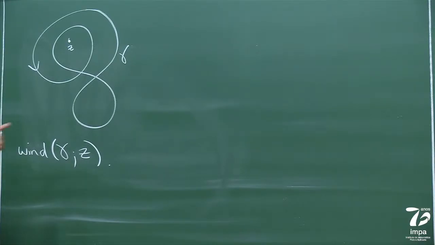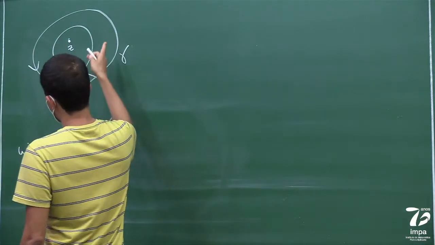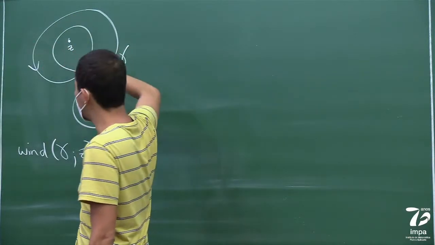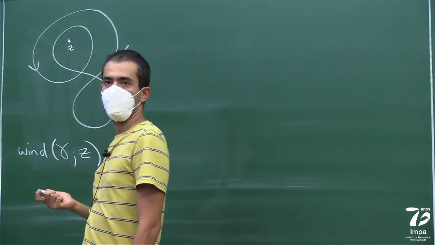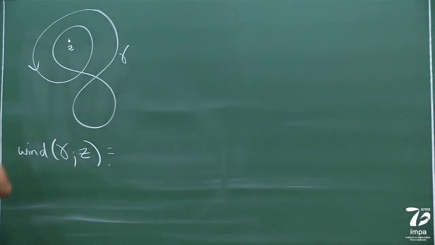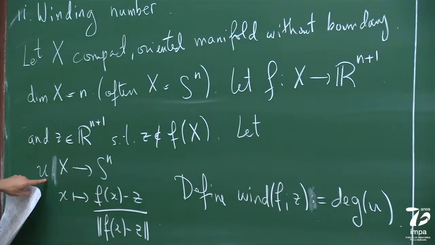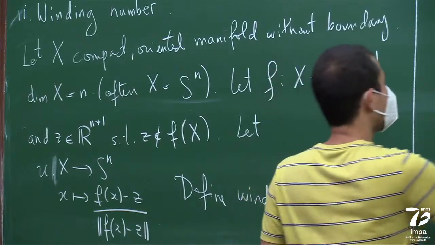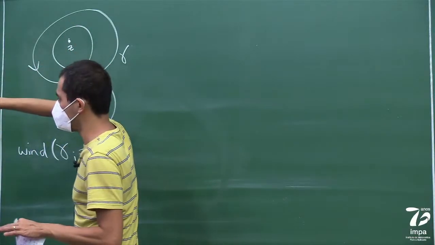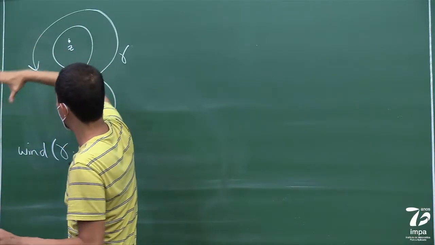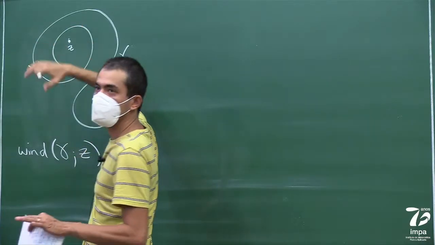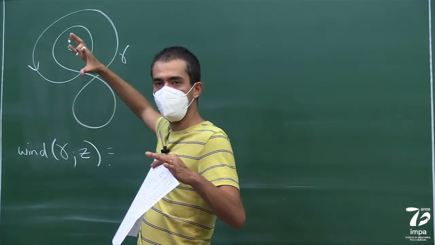Yeah. So in this case, for this particular curve, you're really counting how many times you're going around this point. And why is that? Basically, when you look at this function u, what it does is it takes your curve and you first take a transformation that takes z to 0, and then you divide by the norm.